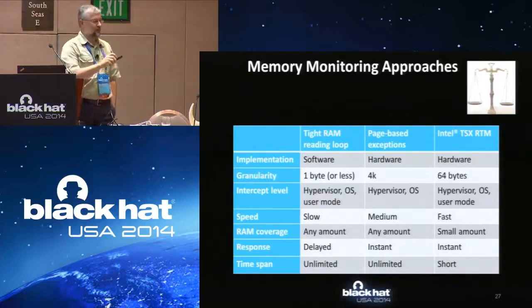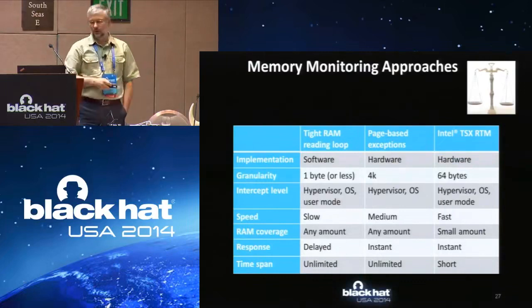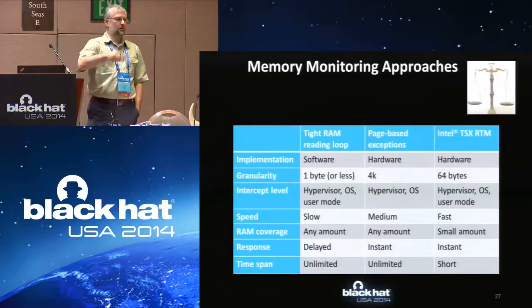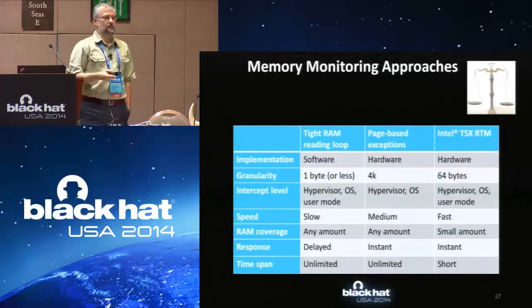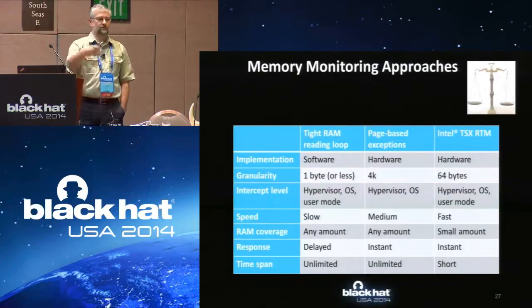You run two threads, one checks another through transactional support if CPU is capable, and that provides additional software protection. The speed of operating these methods, it's very slow in tight memory loop, and even if you read the same byte constantly, it still may not be quick enough if malware disables the checking thread.